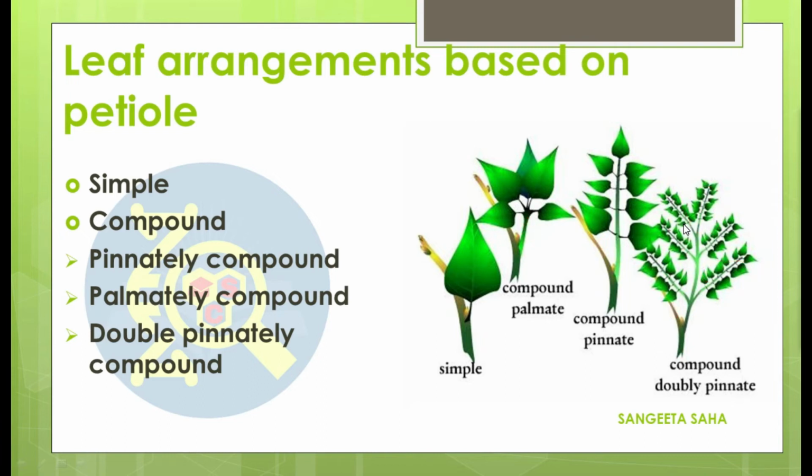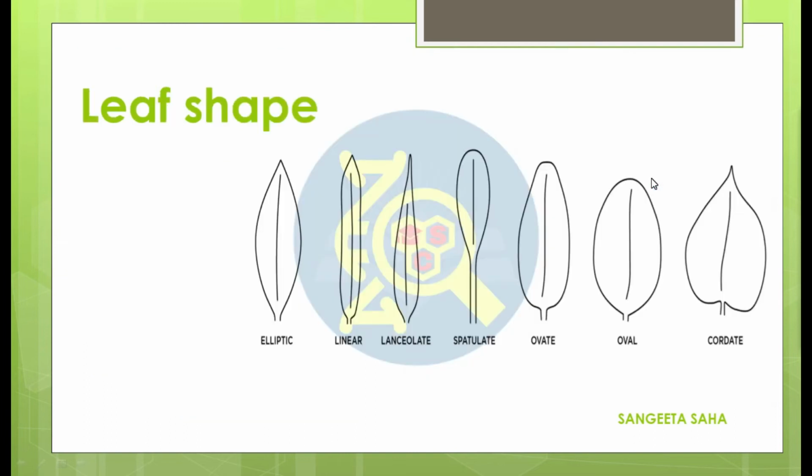Okay, now coming to the leaf shape. Leaf shape can be of different types, as you can see in the diagram here. The first one that you get to see is the elliptic. Here the leaves are broadest in the middle and narrower at either tip.